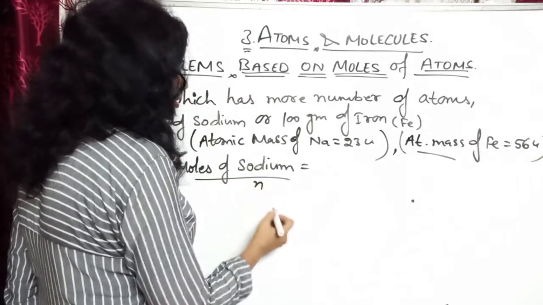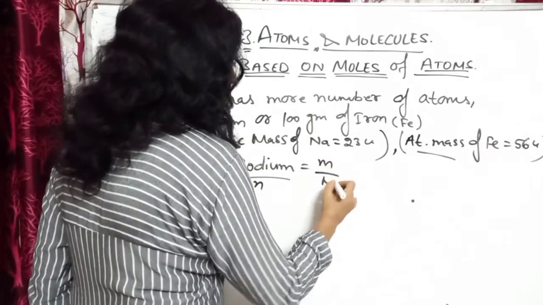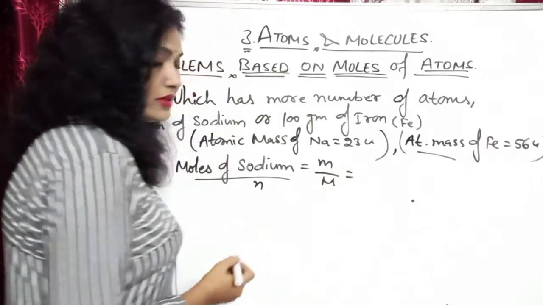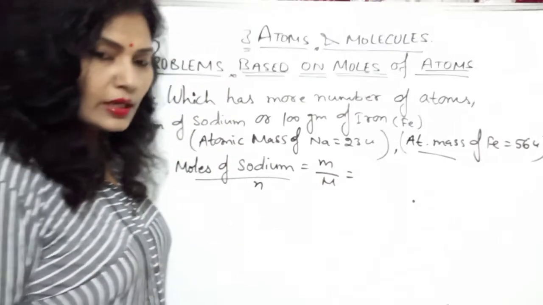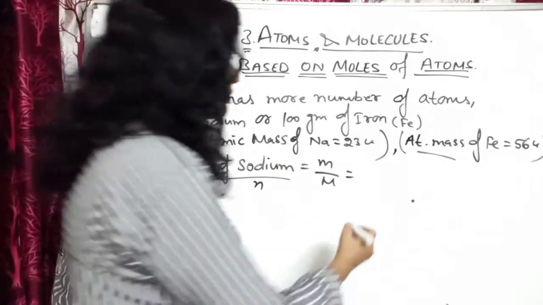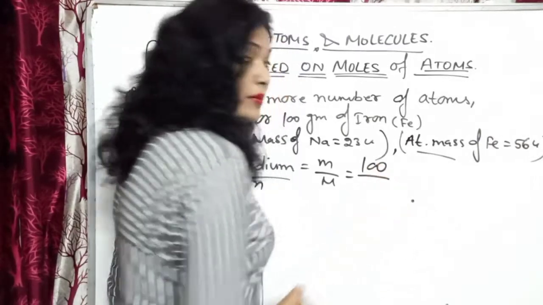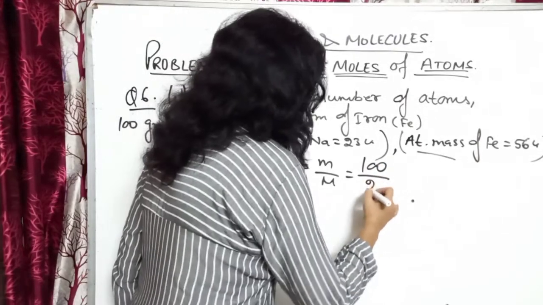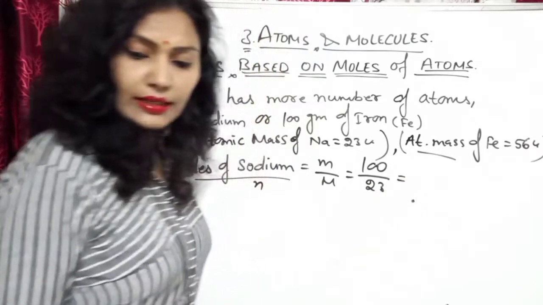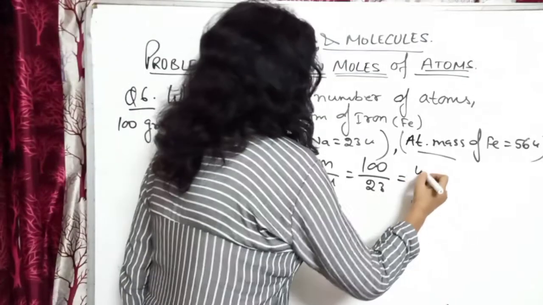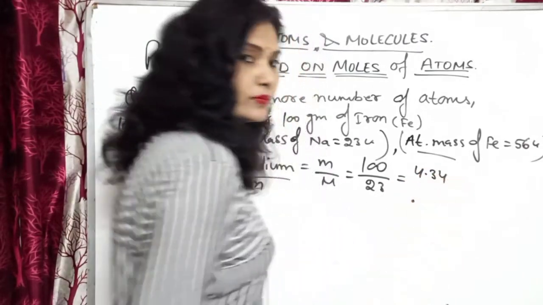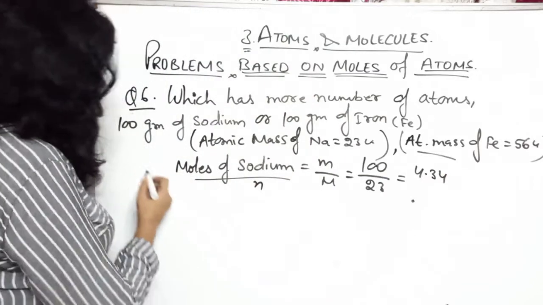Number of moles n equals small m upon capital M. Given mass is 100 and molar mass of sodium is 23. So, you can write 23 and you will get the answer 4.34. Okay, this is the first case.